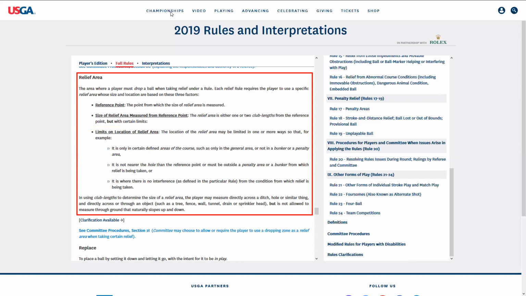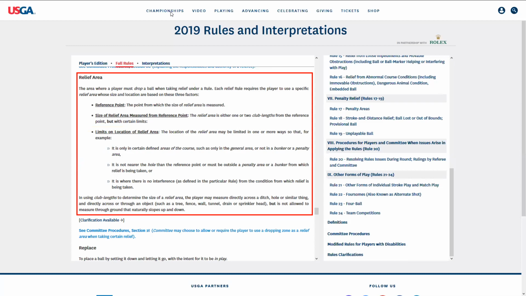Notice that it has to be lateral relief and it has to be penalty relief. In that instance, you're going to be able to take 2 club lengths. Classic example is if your ball goes in the penalty area, formerly known as a water hazard, you can take your 2 club lengths, or if you have an unplayable ball, you can take 2 club lengths, because both of those are lateral penalty relief. Other than those 2, you're always going to drop within 1 club length.